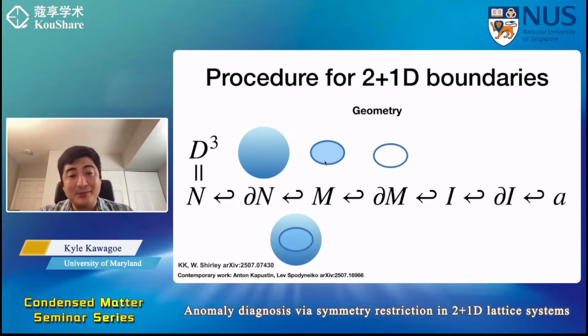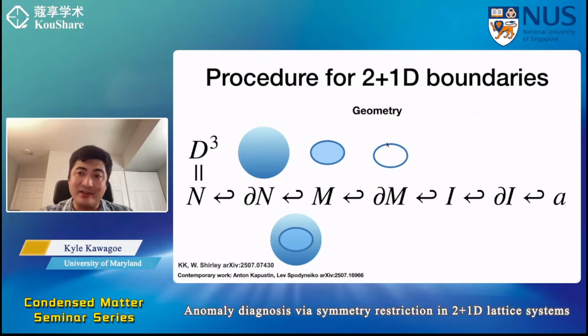And because we had a representation to begin with on the boundary, these restricted symmetry operators will be a representation again, but only up to some operator on the boundary of the region we restrict to. In this case, this boundary looks like a circle.